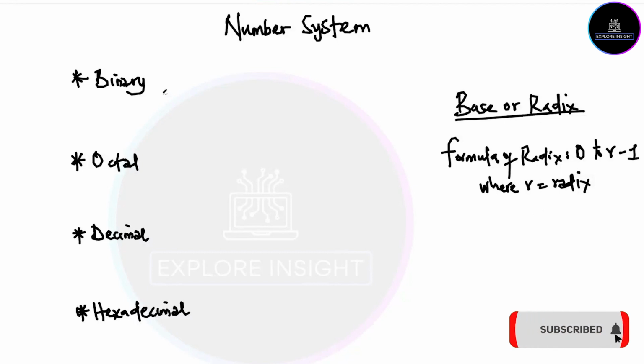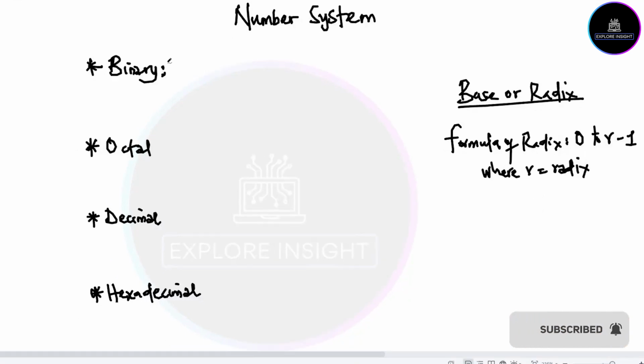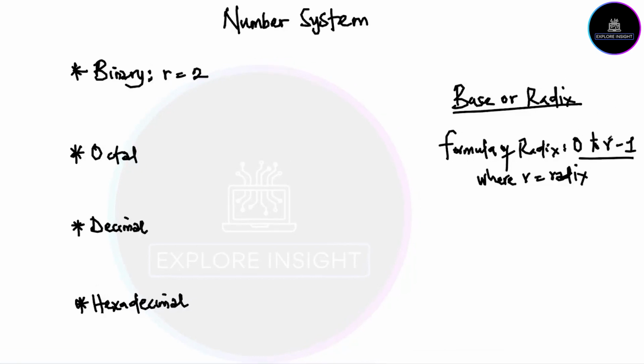Let's take an example. In the binary system, the radix is 2. For us to know the number of digits, we use the formula: the number of digits will be 0 to r minus 1, and in this case our r is 2, which gives us 0 to 1.